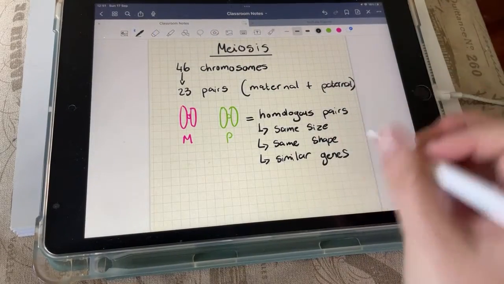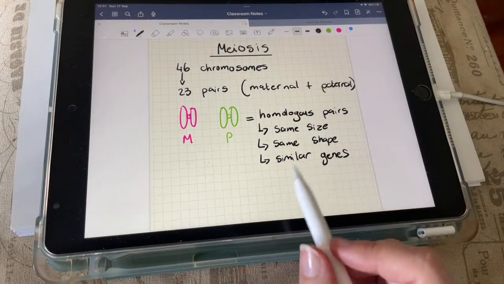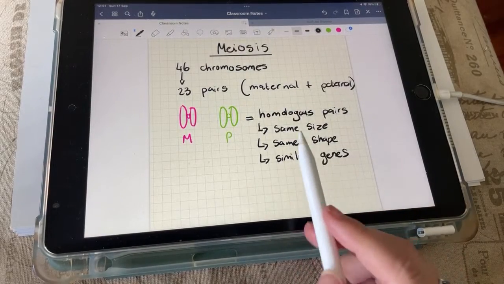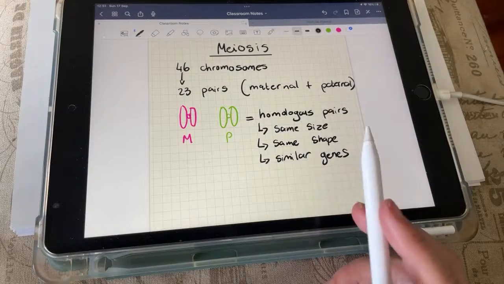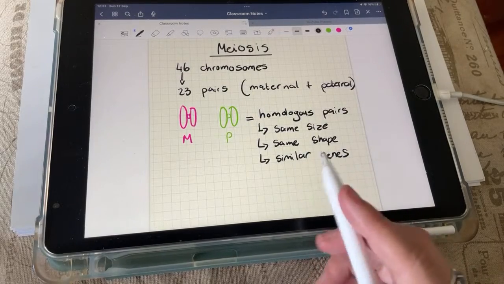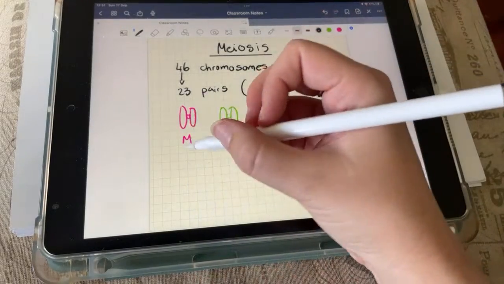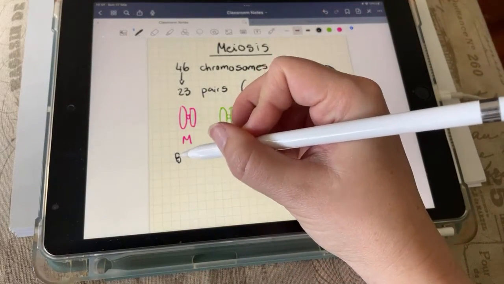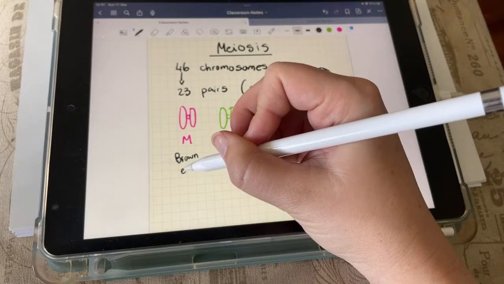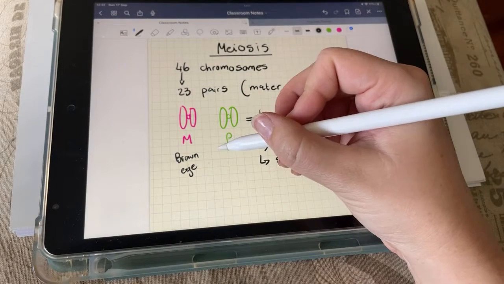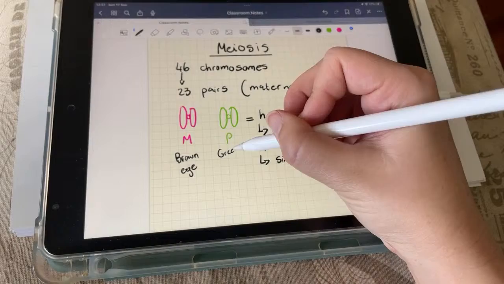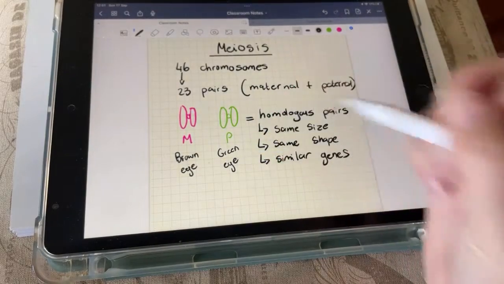The reason why I say similar genes is that they don't have identical genes, but they have the genes in the same space, or the same loci. In other words, let's say this is the mom chromosome and mom is carrying the brown eye gene and dad is carrying a green eye gene, right?